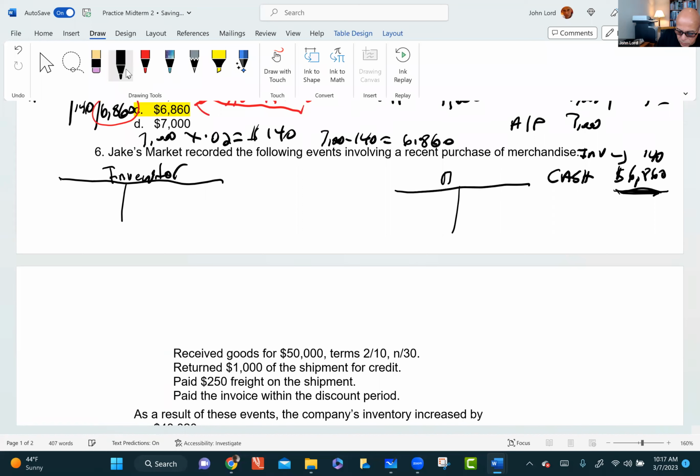Those are the two accounts that are really being affected by all this, and see what happens. So I received goods for 50,000. If I receive goods for 50,000 and they're giving me the credit terms here, I know I have to debit inventory.